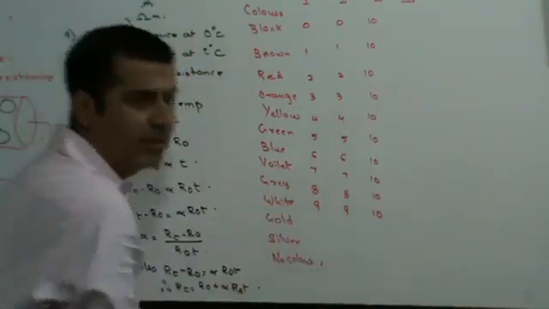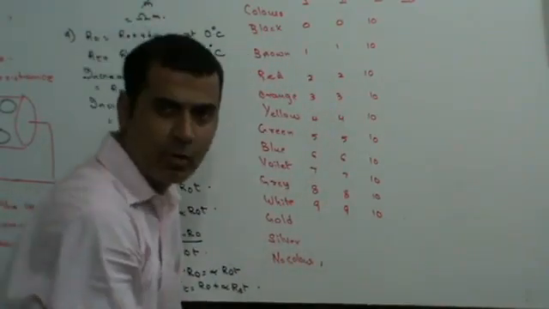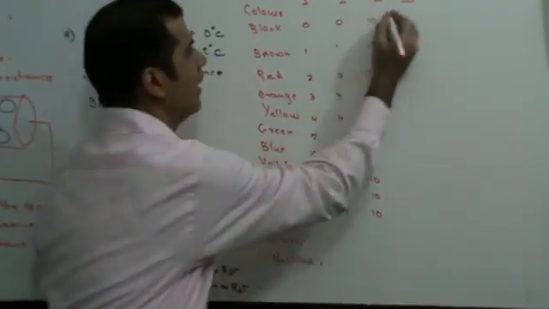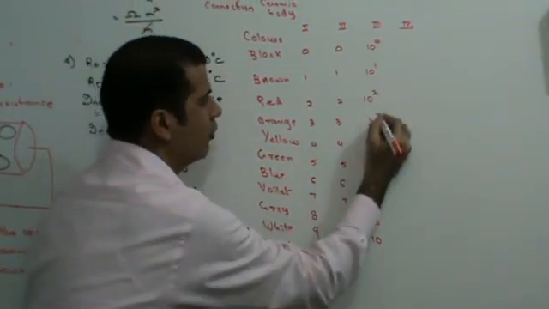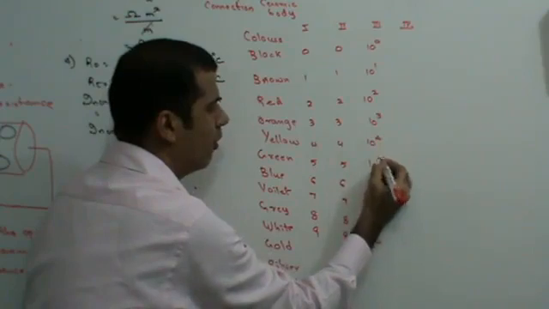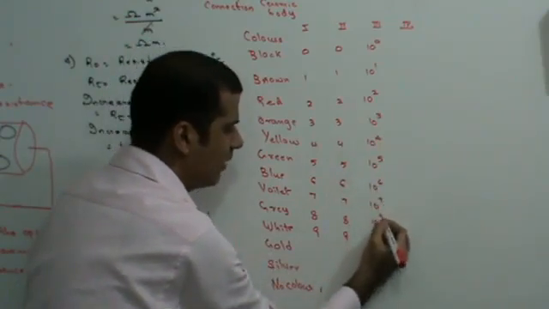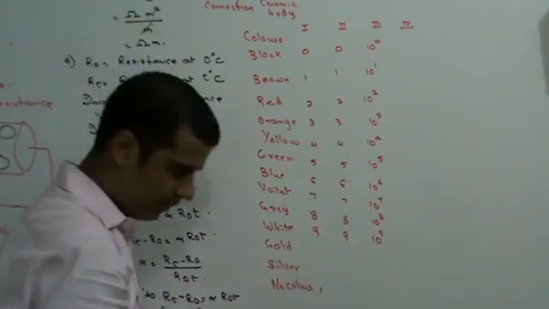The third band is called the multiplier band. It will be 10 raised to 0, 10 raised to 1, 10 raised to 2, 10 raised to 3, 4, 5, 6, 7, 8, 9. Fine, do we get this?